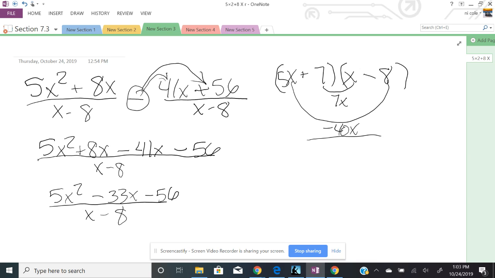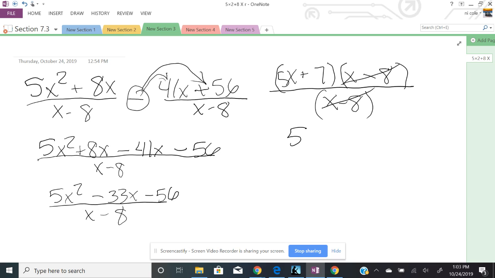And I got the luckiest I've ever gotten because I got this correct the very first time with my pluses and minuses all the same. So I got my negative 33x. So I'm good to go there. All over x minus 8 in parentheses. Those cancel, so your final answer is 5x plus 7.